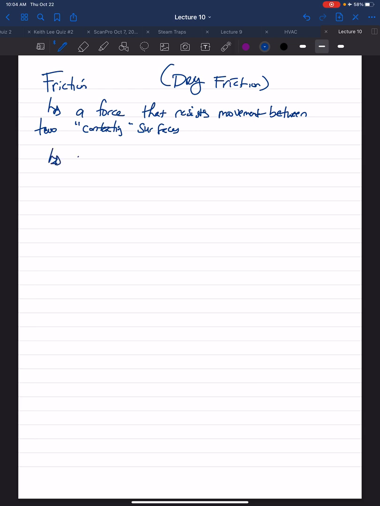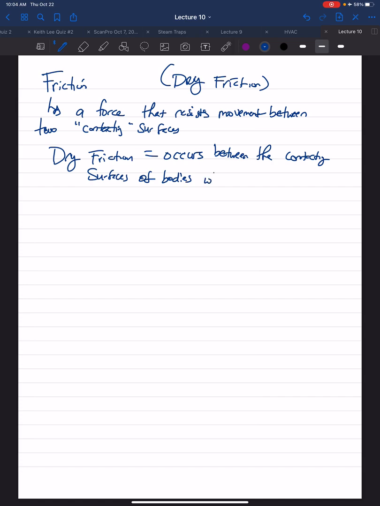And we mean dry friction occurs between the contacting surfaces of bodies when there is no lubricating fluid.